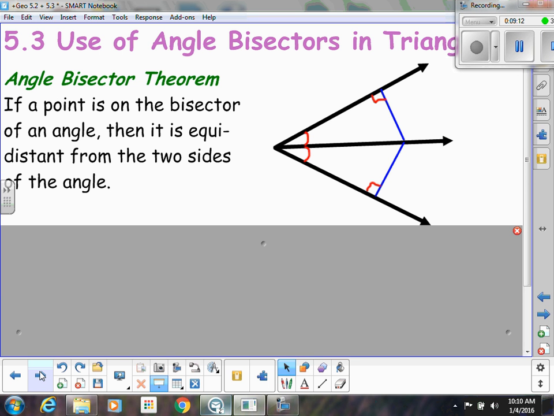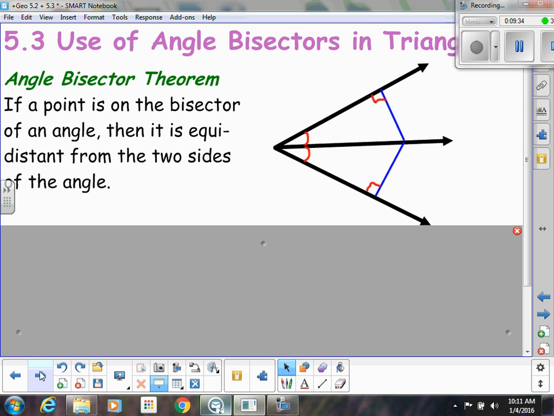All right, so moving on. Angle bisectors. So we've talked about angle bisectors and what those are. Remember that an angle is bisected if it creates two congruent angles, and that's done by a ray. So if a point is on the angle bisector of an angle, then it is equidistant from the two sides of the angle.